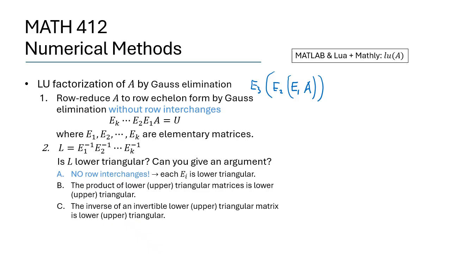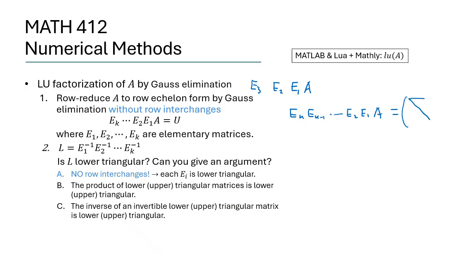Okay. Eventually, of course, we can remove the parentheses. If we have k steps, E sub k minus 1, up to E2, E sub 1, A, that will be an upper triangular matrix, right?